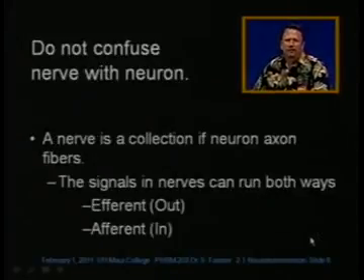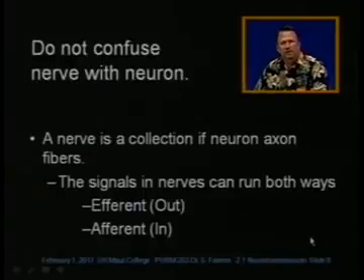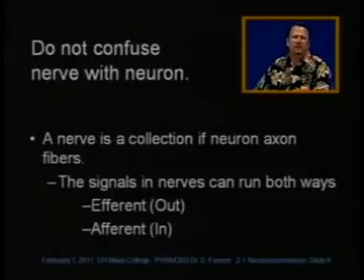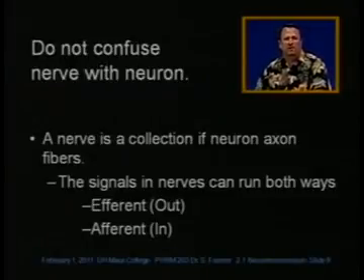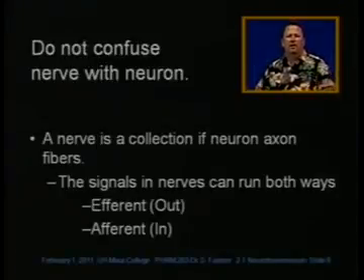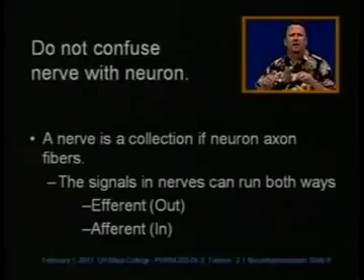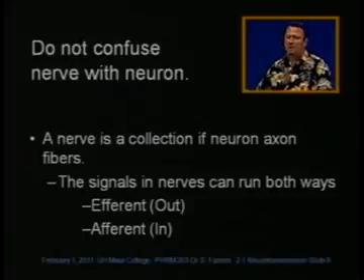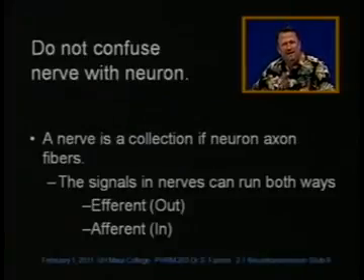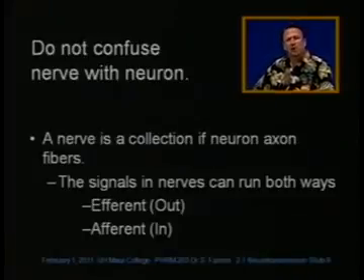Please do not confuse the term nerve with neuron. A nerve is a collection of neuron axon fibers. And the signals in nerves can run in both directions. Efferent, meaning going out from the central nervous system. Afferent, sensory, coming in. And some nerves have efferents and afferents within the same nerve. But a neuron, its action potential only goes one way.